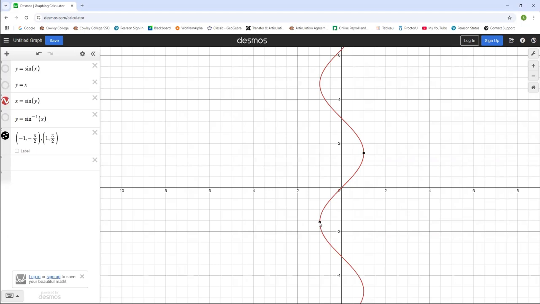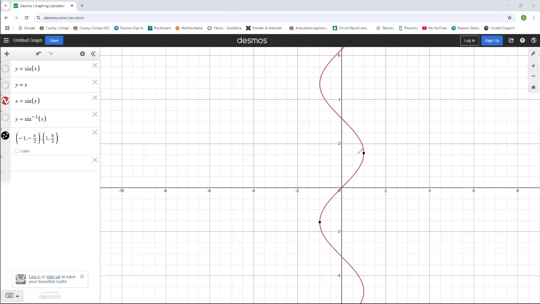Okay, so if I start the inverse function, and remember now that y is the x part and x is the y part. So now we're going to start at an x of -1. So at x of -1, that's where we get negative pi over 2. And at x of 1, we get positive pi over 2.